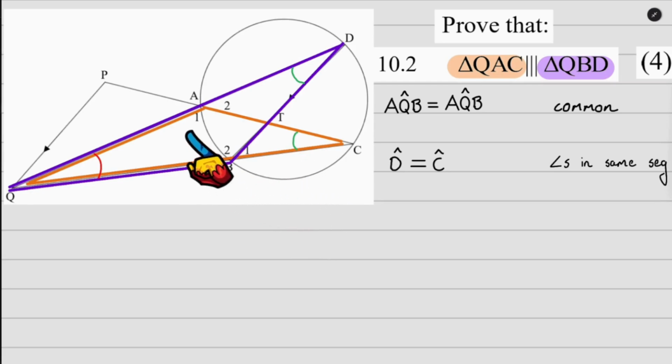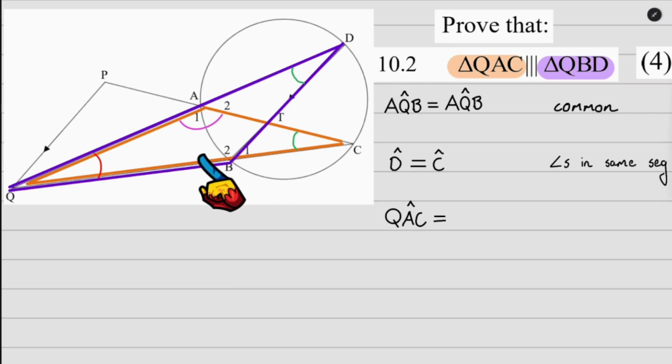The third angle inside of the orange triangle is this big one over here. To name that angle, it's going to be QAC. You can also say QAT if you'd like, it means the same thing. And then the third angle inside the purple triangle is this one.